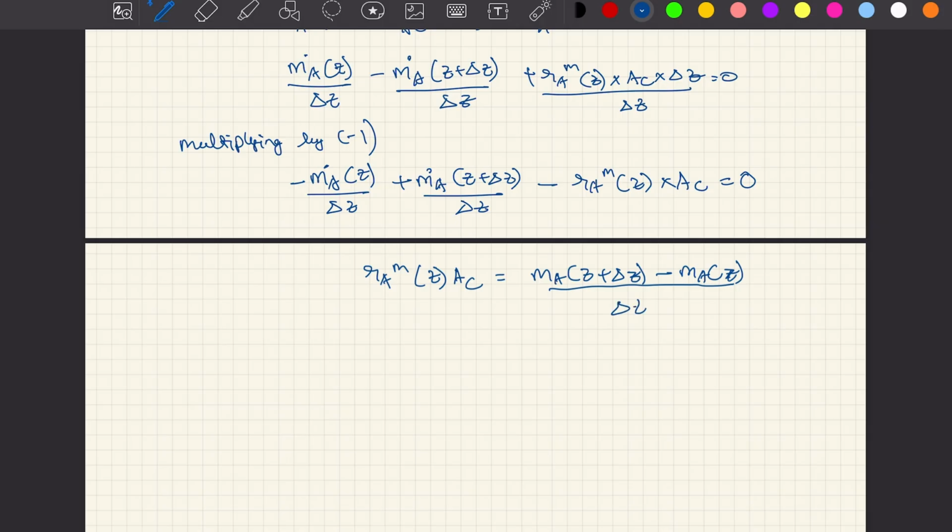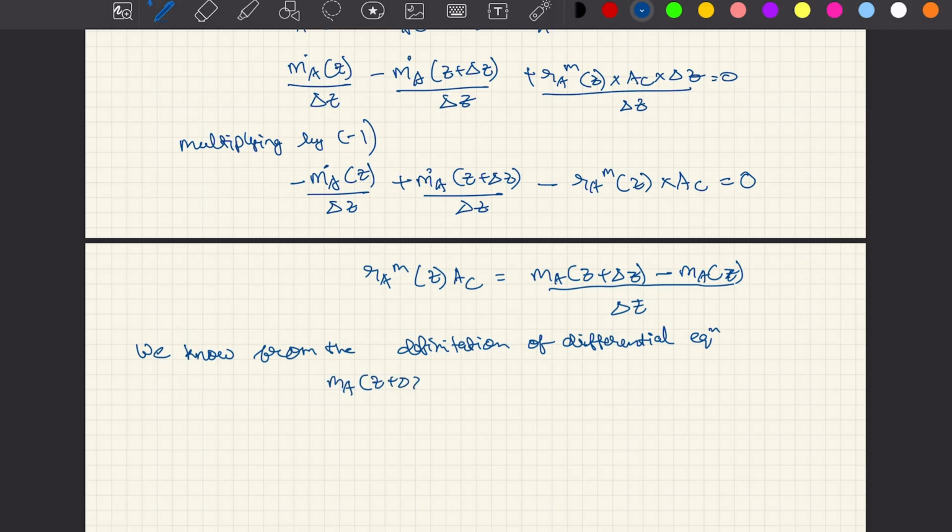We know from the definition of differential equation, MAZ plus delta Z minus MAZ divided by delta Z can be written as dMA by dZ.